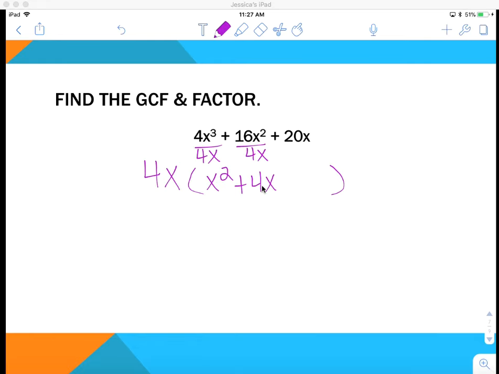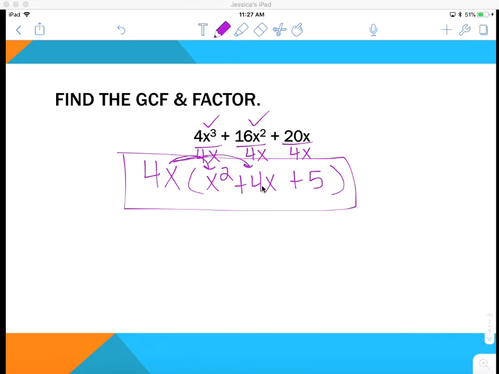And 20x divided by 4x is 5. Remember, you can check this by distributing it back out. 4x times x squared is 4x cubed. 4x times 4x is 16x squared. And 4x times 5 is 20x, so I know it worked.